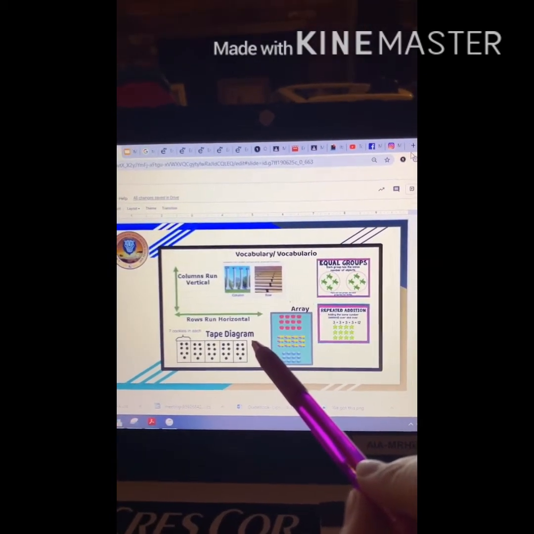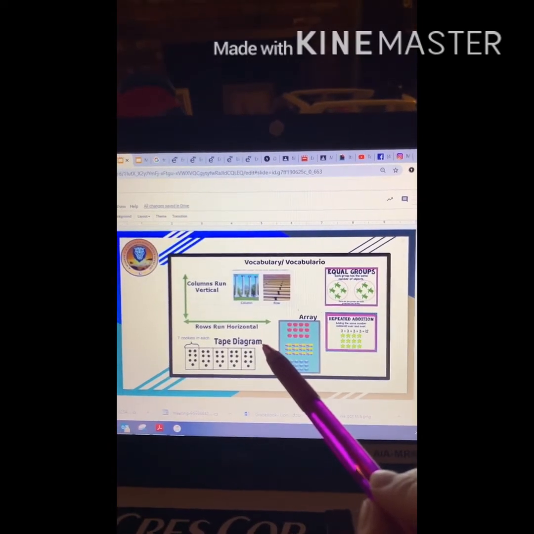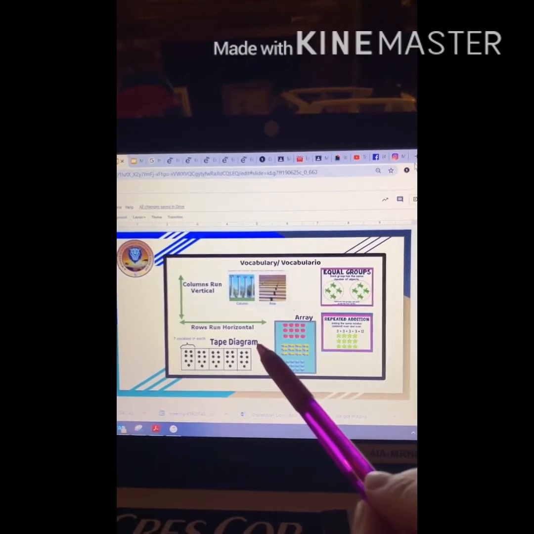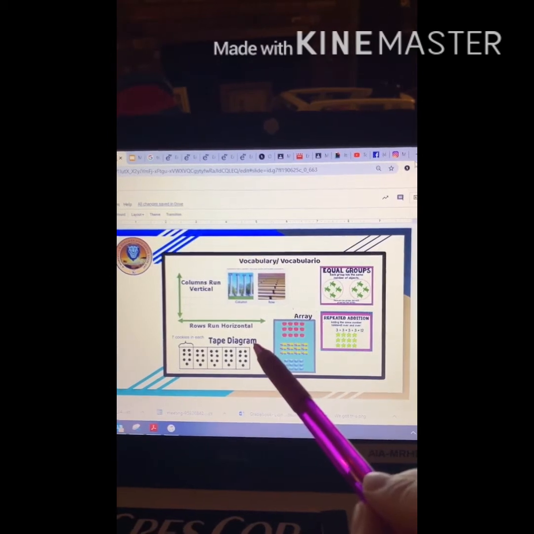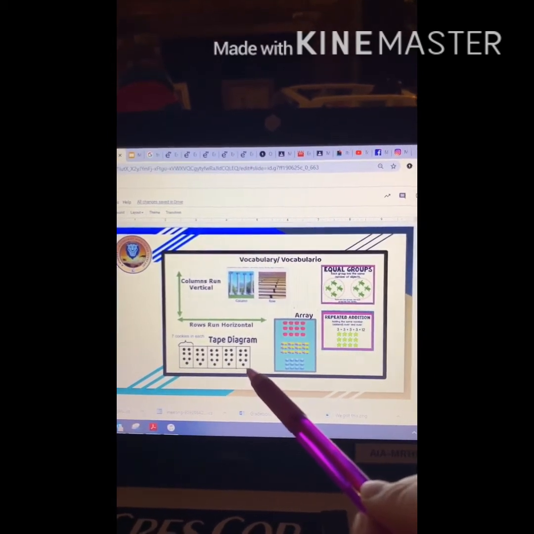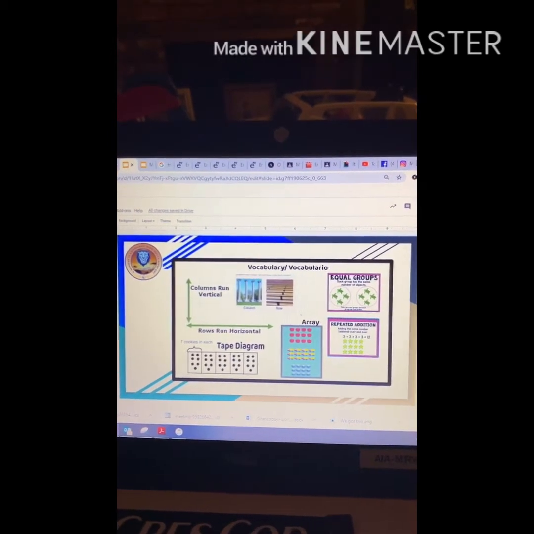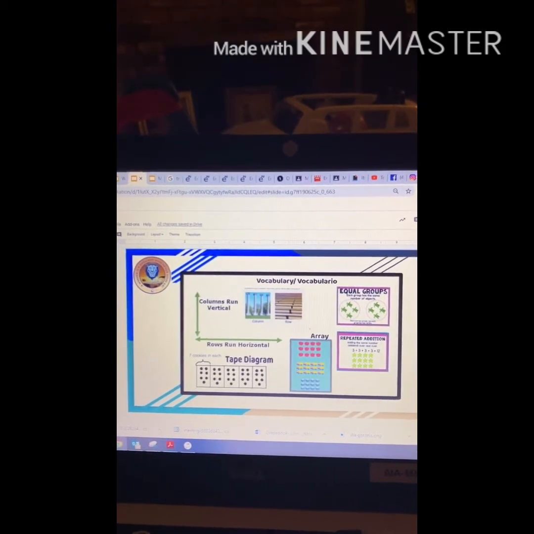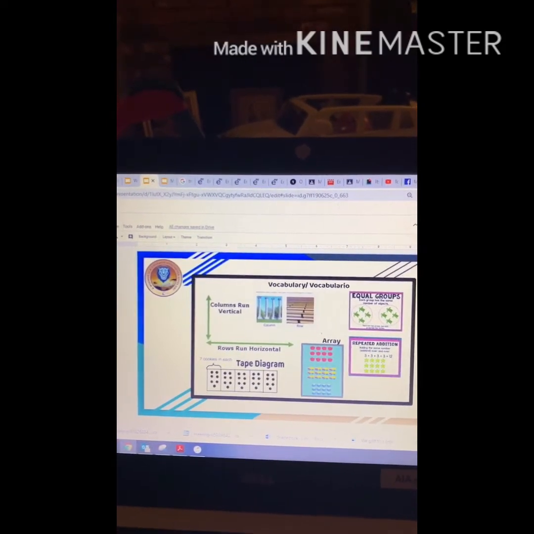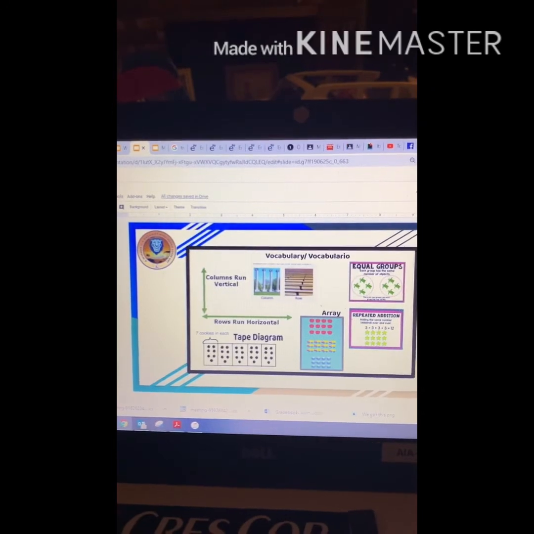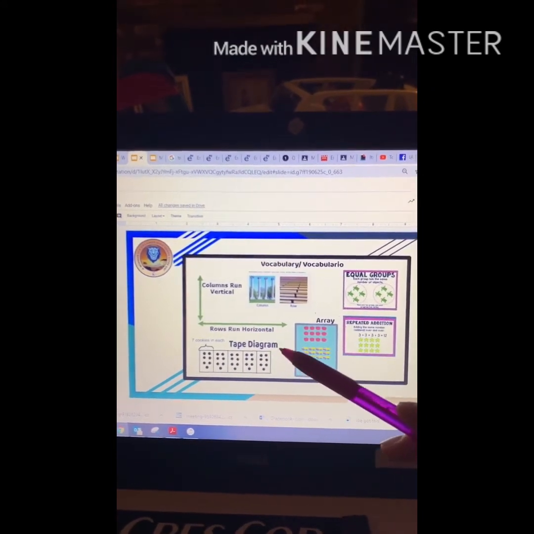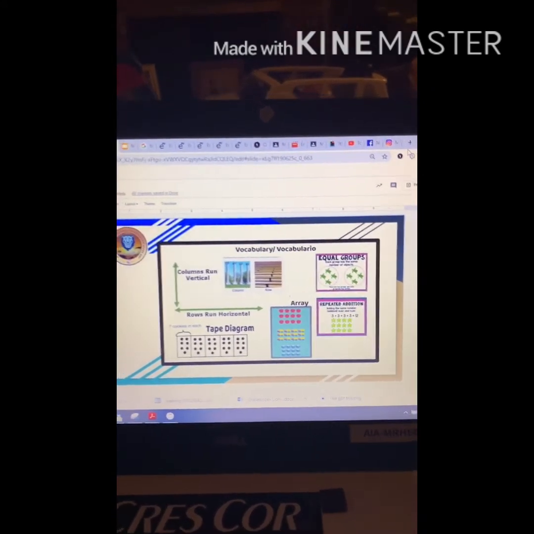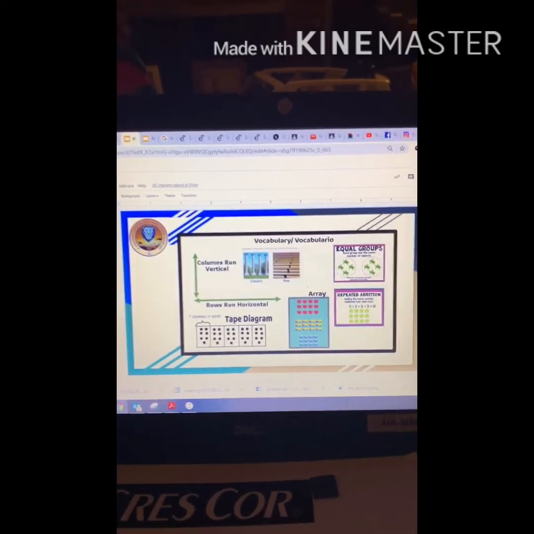Yeah, we have seen this word before, tape diagram, and we've used it to represent addition or subtraction problems. And today, we're going to use it to represent our rows or columns for our word problems. So what's our new vocabulary word for the day? Yep, tape diagram. Alrighty, Lions and Trojans, here we go.